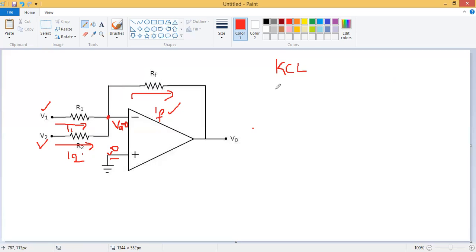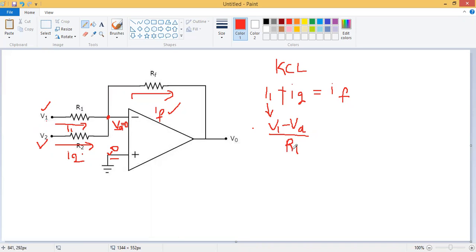So now I am writing the equation for this circuit. I1 plus I2 is equal to IF. Now I am writing the equation for I1. I1 is equal to the applied voltage V1 minus VA by the resistance, since I is equal to V by R. So I1 is V1 minus VA by, sorry, it is not RF, it is R1.